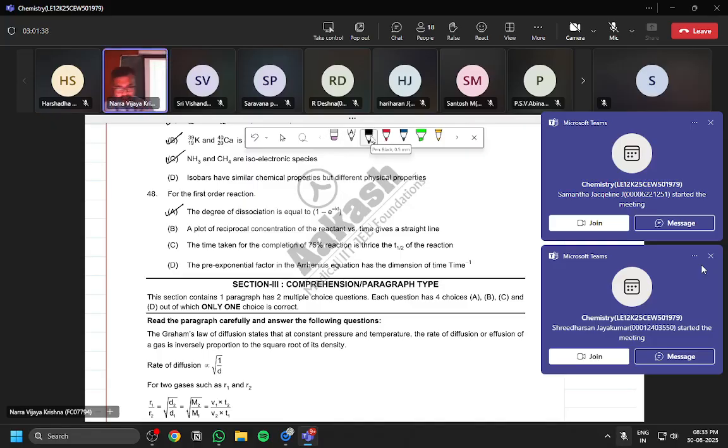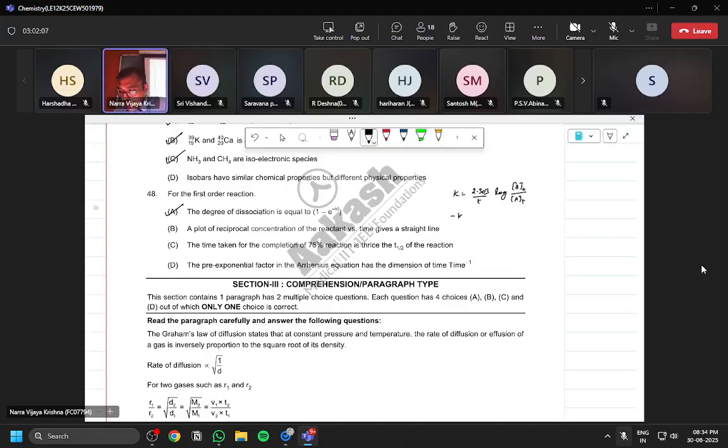Plot of reciprocal concentration of reactant versus time is a straight line. Plot of one upon concentration versus time gives a straight line. No. For first order, what is the formula? k equal to 2.303 by t log A naught upon At. Bringing this to this side: minus kt upon 2.303 is equal to log At minus log A naught.